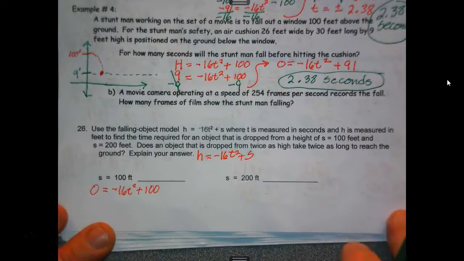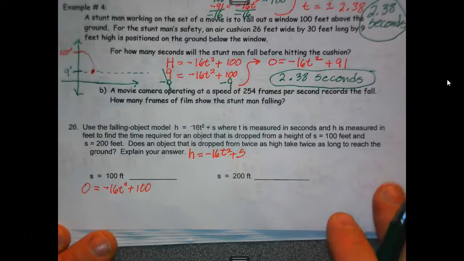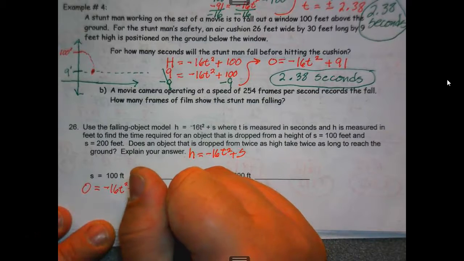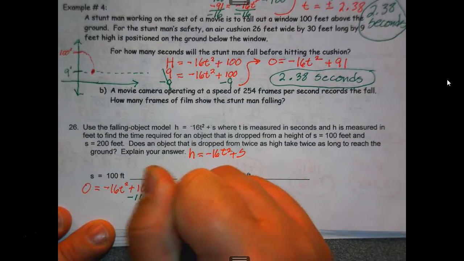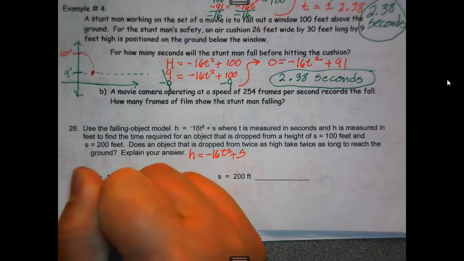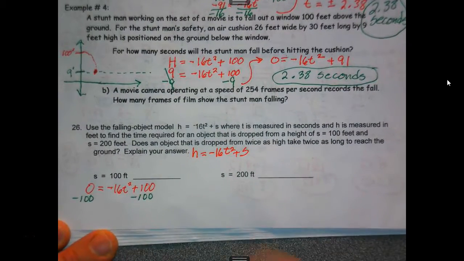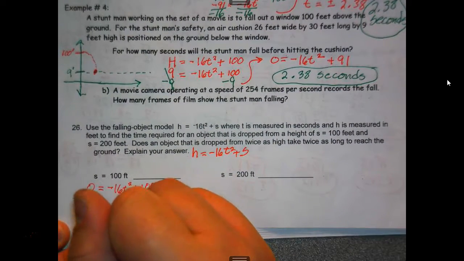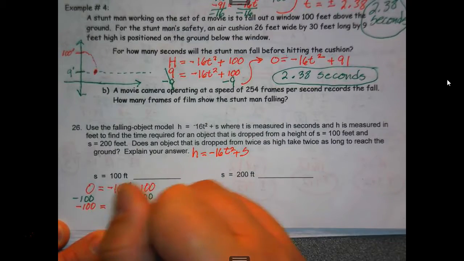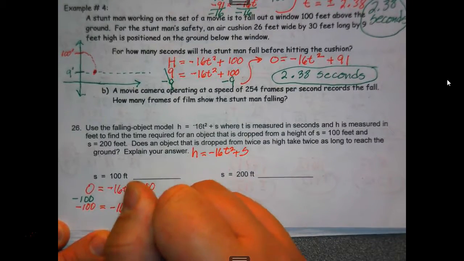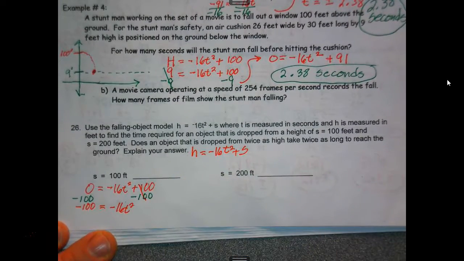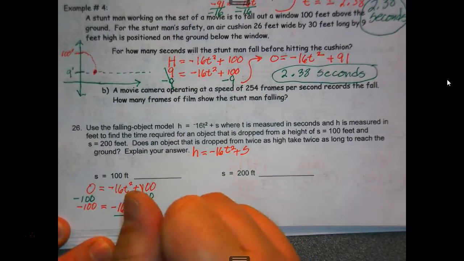In the spirit of solving quadratics by square rooting, I'm going to use the square root process. So minus 100, minus 100. I get negative 100 equals negative 16t squared. I'm going to divide both sides by negative 16.